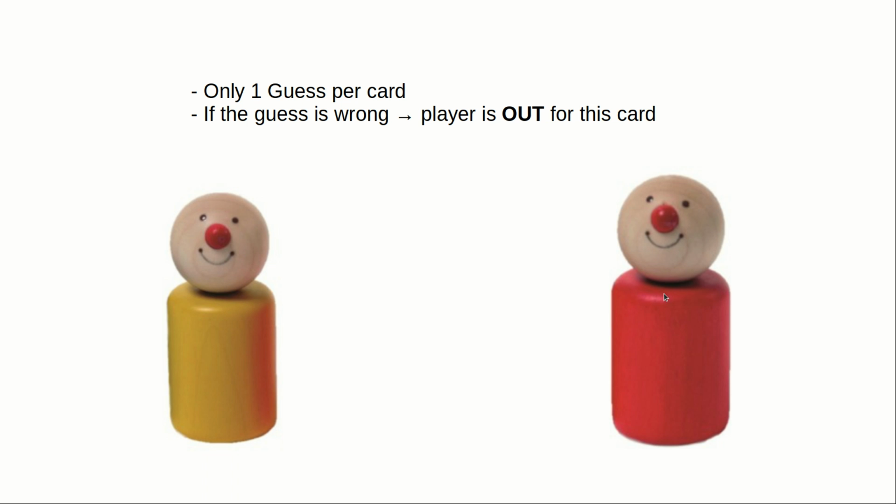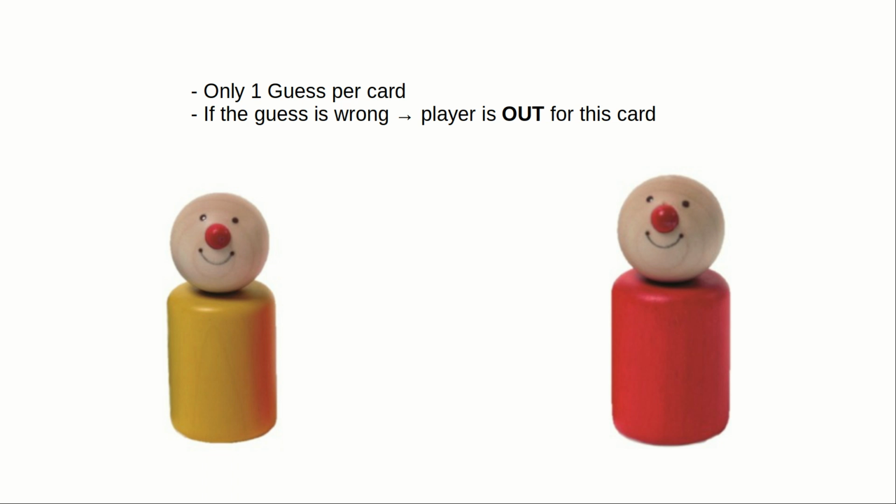Okay, now you know all about the blue player, and what do the other players do? They have to guess the right solution, as I said, and they have to be careful because they only have 1 guess per card. Yeah, no more. One time per card they can say, I want to solve, and give a solution. But if that solution is not correct, they won't have another guess for that card, okay?